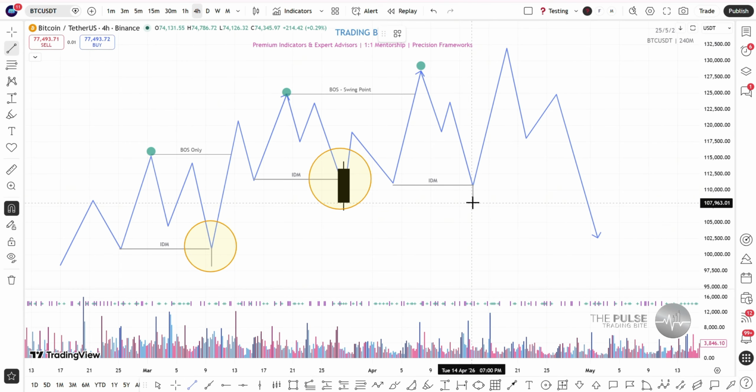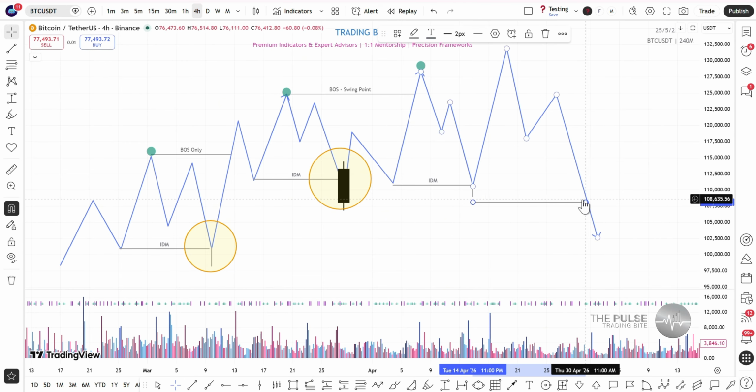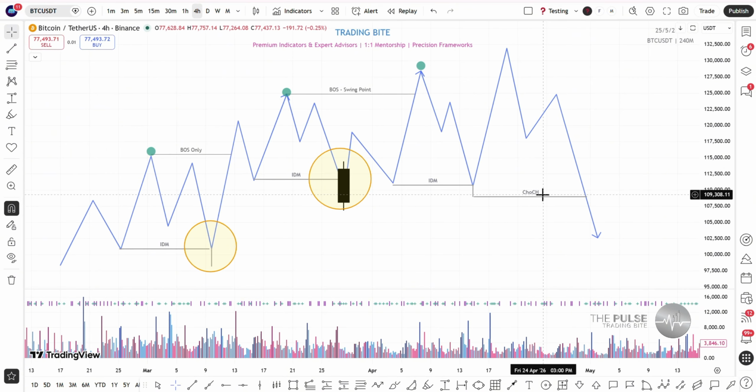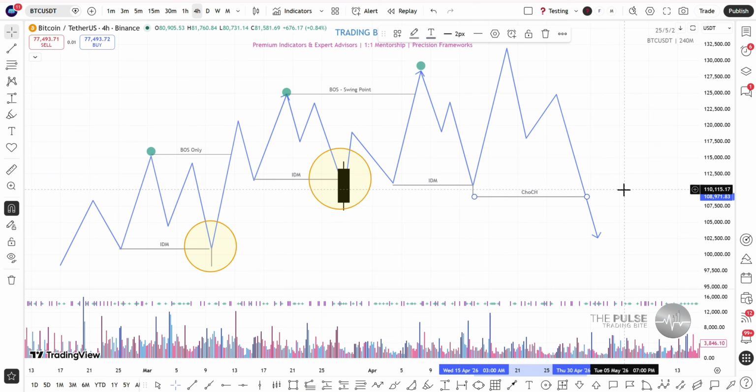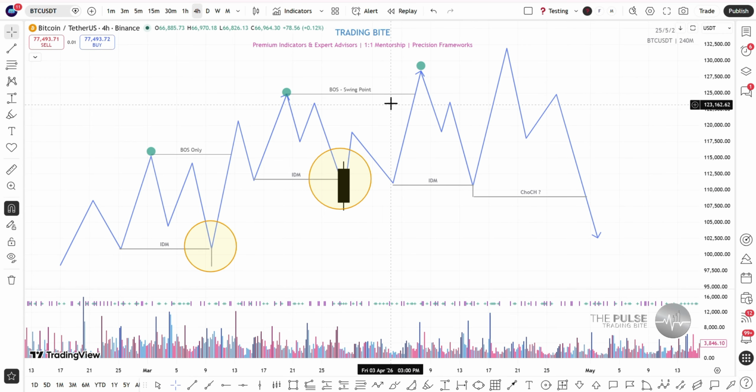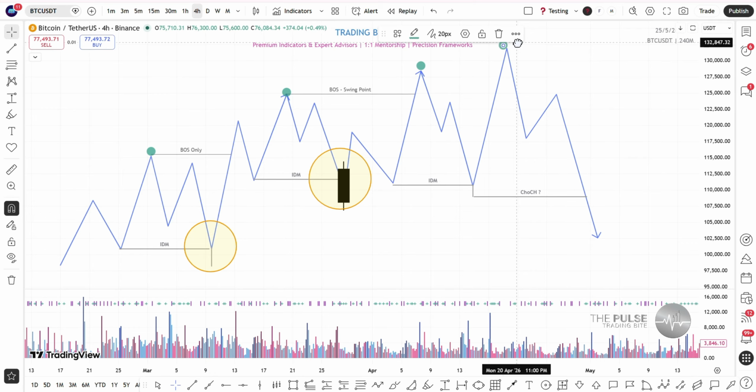Now at this level, if I mark it right here, can we call this a change of character? If this is our highest point and then this one is our inducement, and then another high formed here, and this is our inducement, and the market came all the way down.